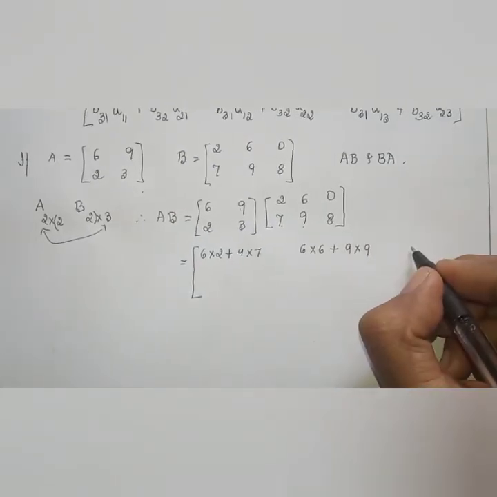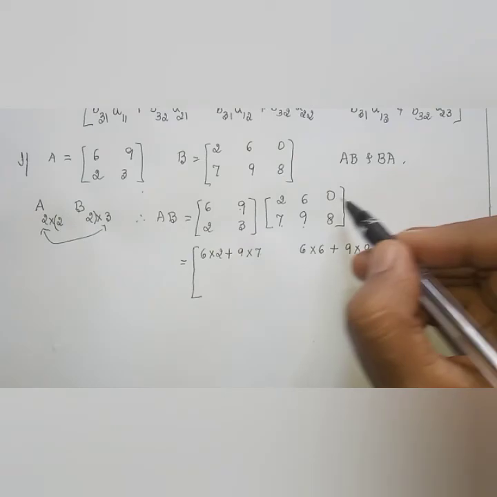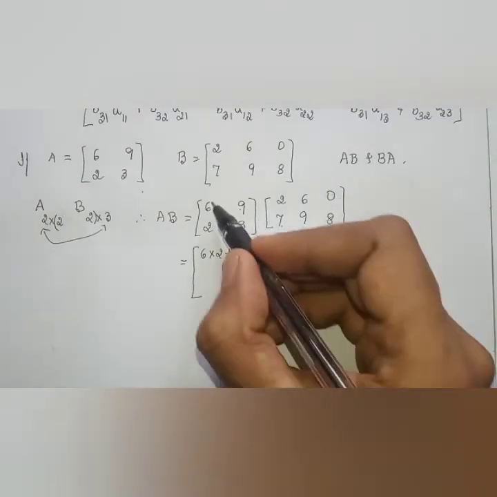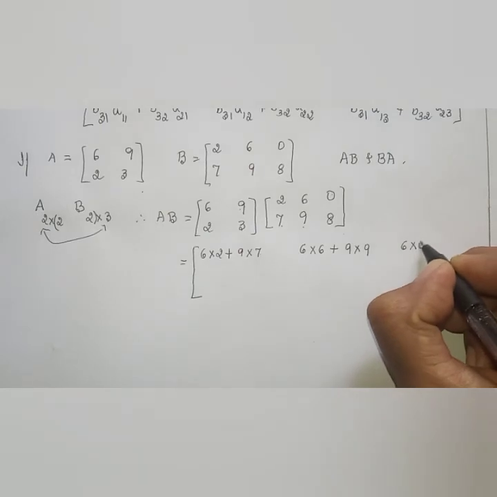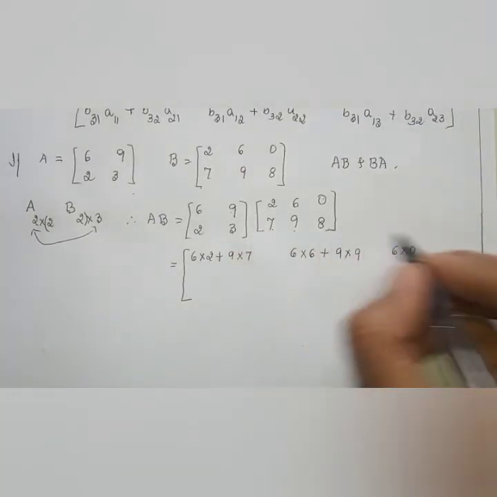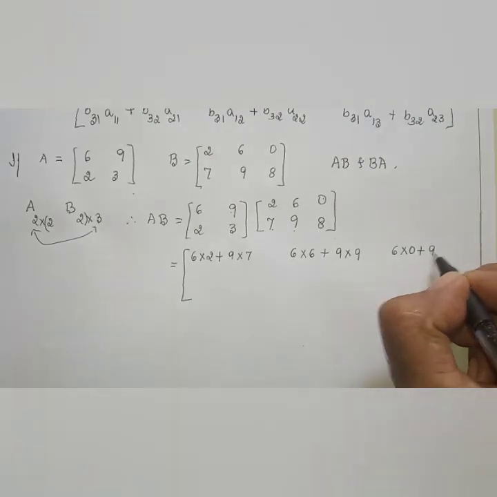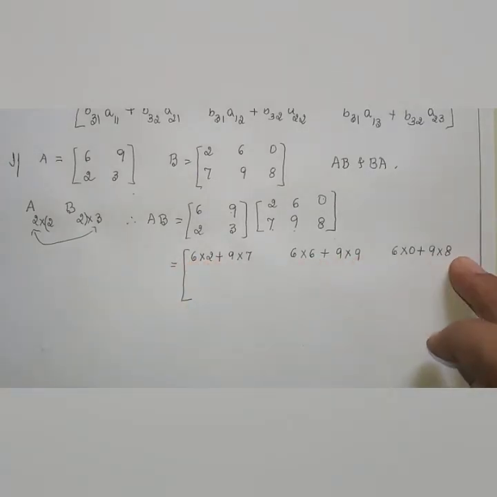And this entry is first row, third column: 6 into 0 plus 9 into 8. So this is first row over.